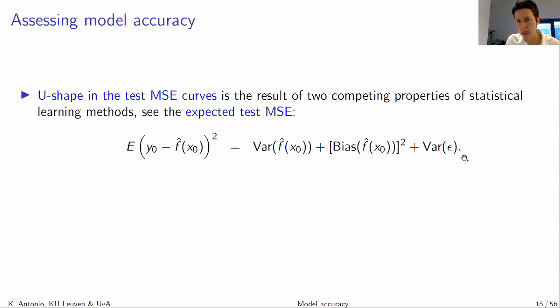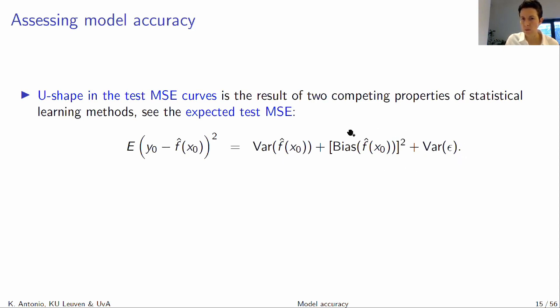And then if you do the expression that we already encountered earlier on, when we talked about the reducible error versus the irreducible error, if you derive this expression in full detail, then you're going to recognize that you're essentially looking at an expression consisting of the variability of my f hat, the bias of my f hat squared, and the variability of my noise term.